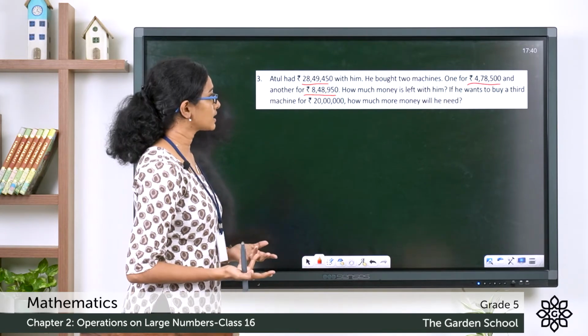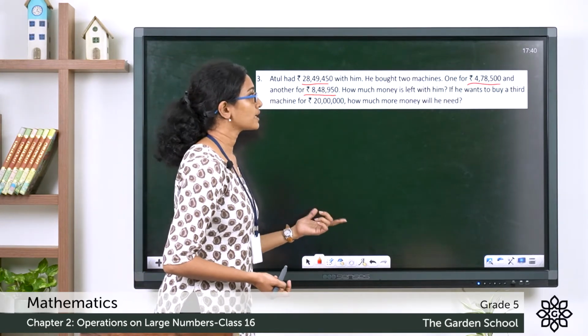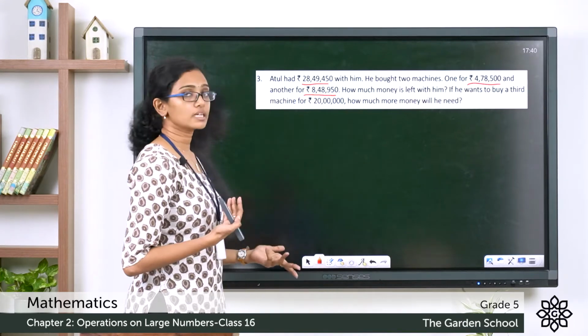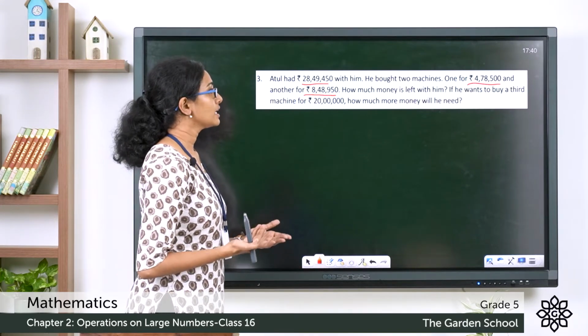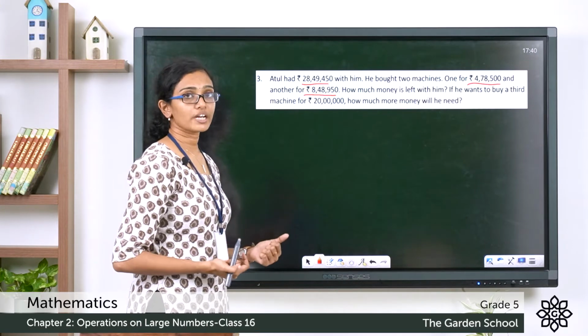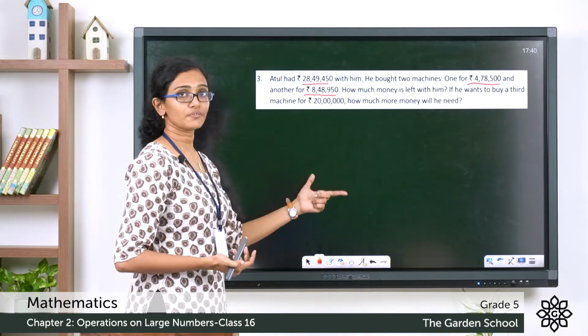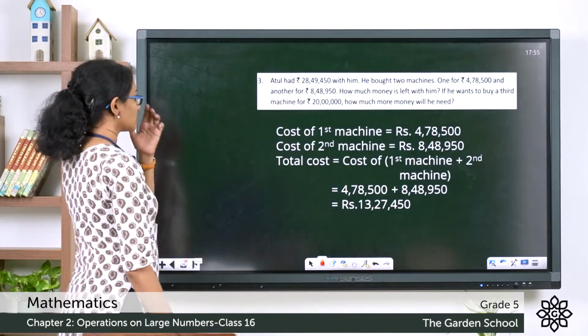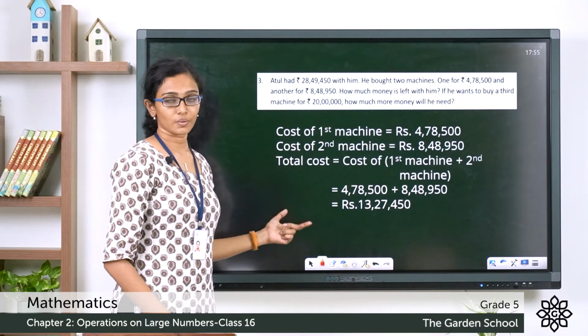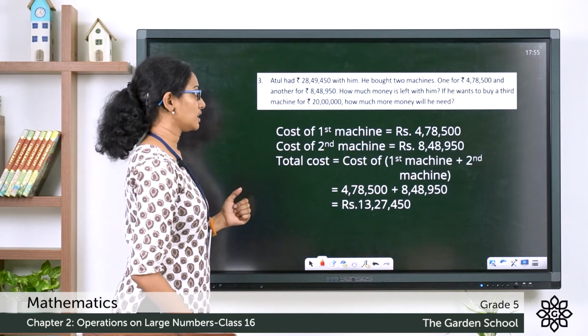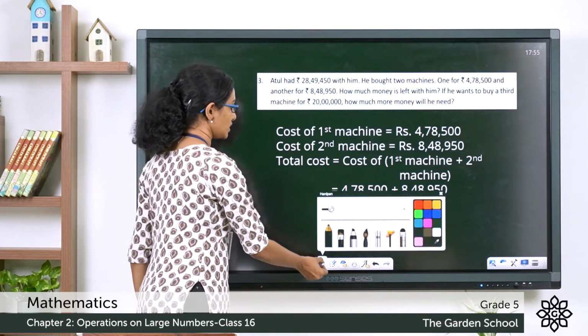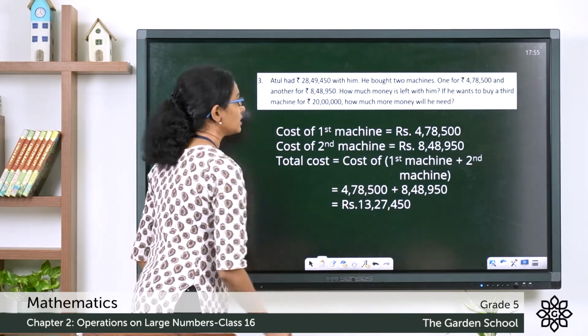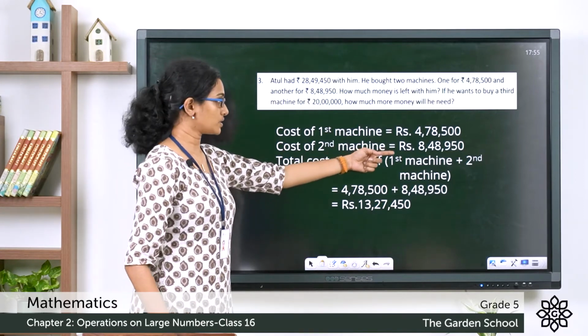Then one more part is there to the question. If he wants to buy a third machine for rupees 20 lakh, how much more money will he need? Let's first find out how much money is left with him and see what we have to do rest. So from the data given in the question, let's write down the steps as cost of first machine equal to, then the cost of second machine is equal to.